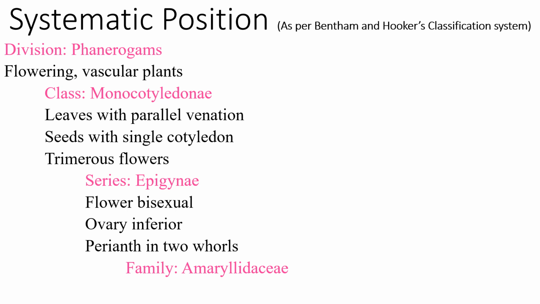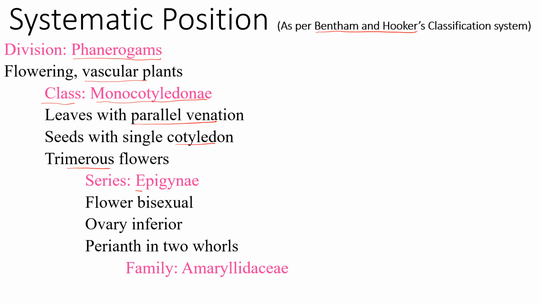Then the systematic position according to Bentham and Hooker's classification system. So the division is Phanerogams or Phanerogamia, and the reasons are flowering and vascular plants. Class Monocotyledonae, because leaves are with parallel venation, seeds with single cotyledon, and flowers are trimerous.